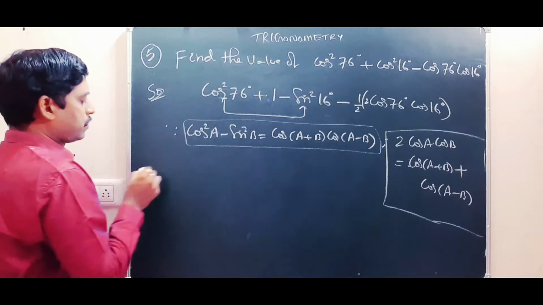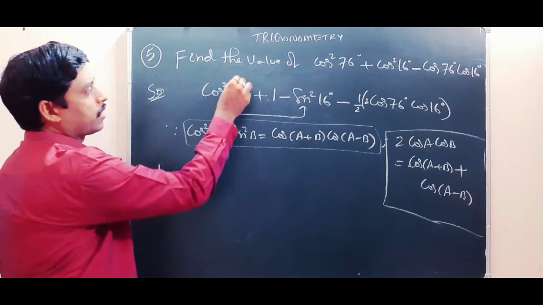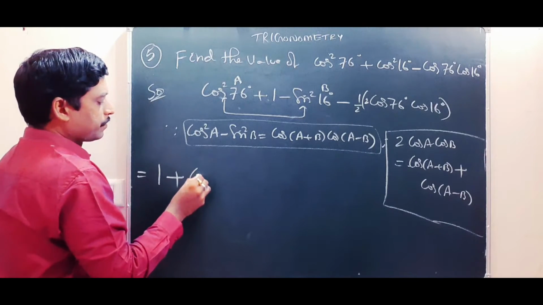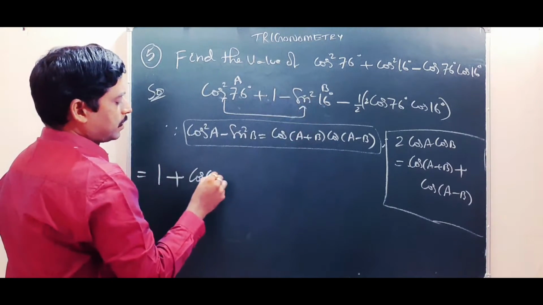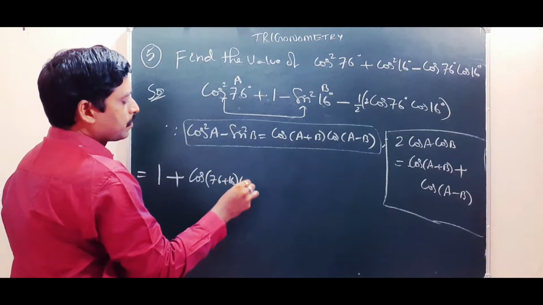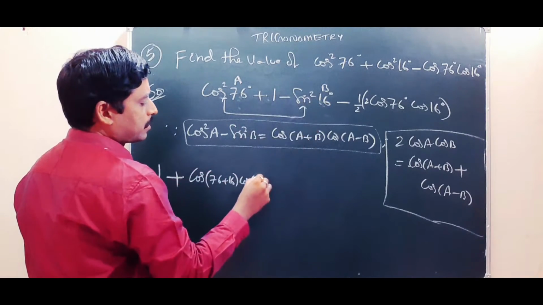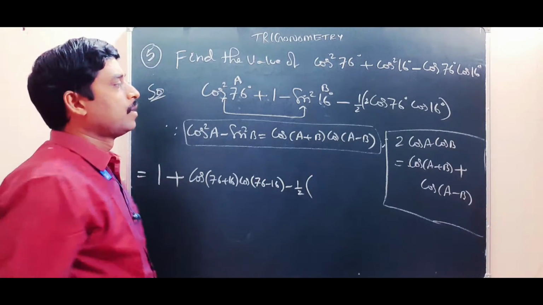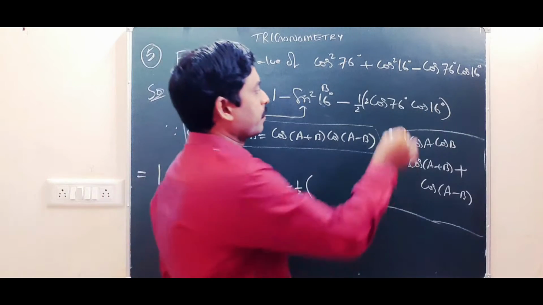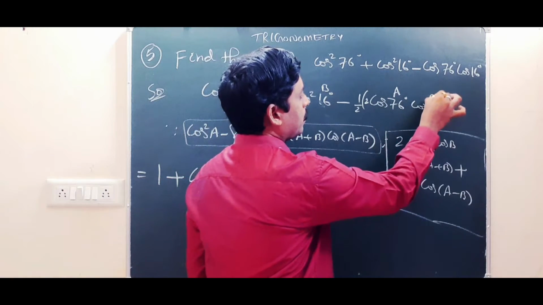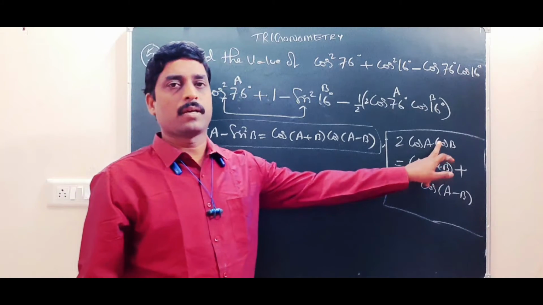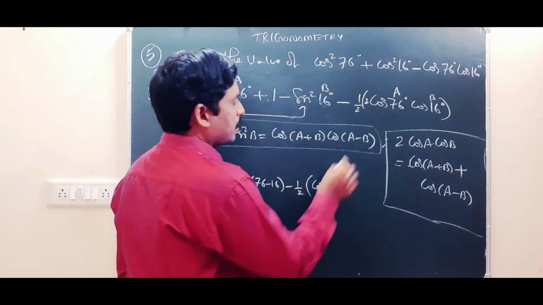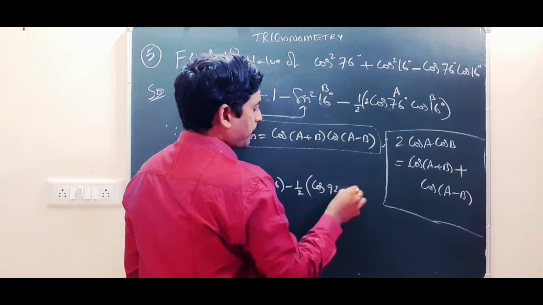So first write 1 plus cos square A minus sin square B. We apply this formula cos(A plus B), 76 plus 16, into cos(A minus B), 76 minus 16, minus 1 by 2 times of... So 2 cos A cos B, where A value is 76 degrees, B value is 16 degrees. So 2 cos A cos B is cos(A plus B) plus cos(A minus B). Cos(A plus B), 76 plus 16, 92.